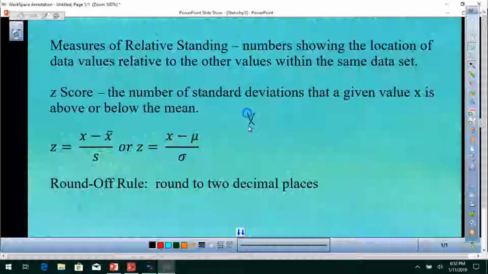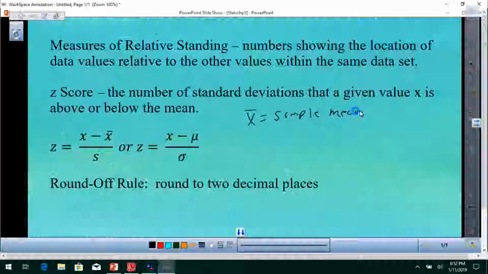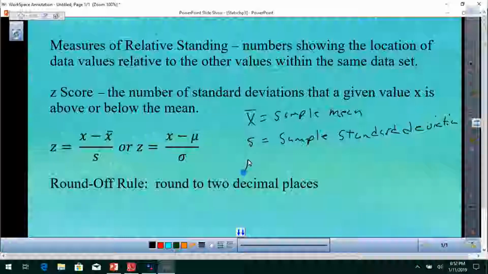Here, x bar is the sample mean. s is the sample standard deviation. And mu, pronounced mu, is the population mean.